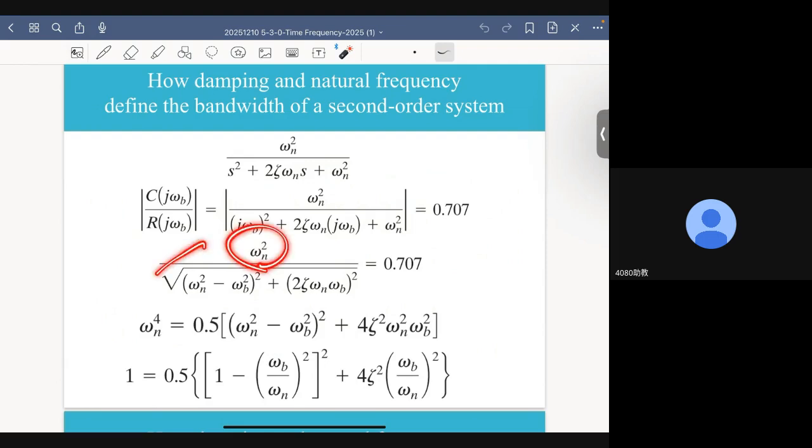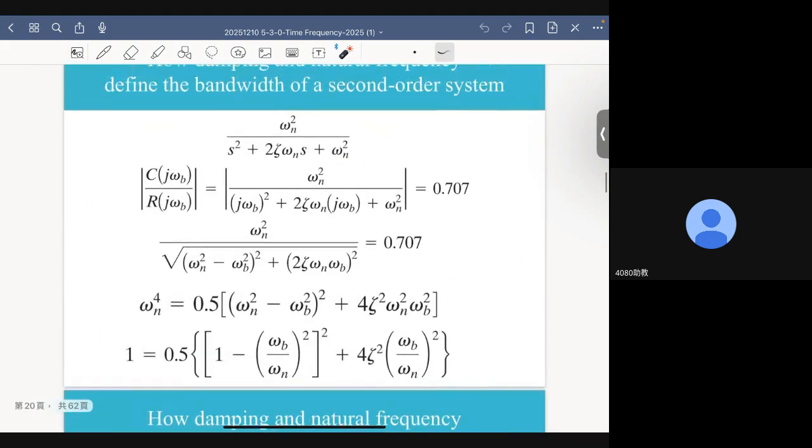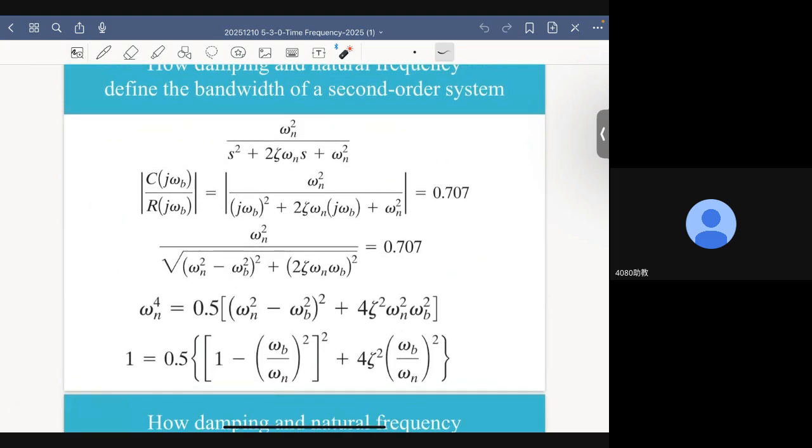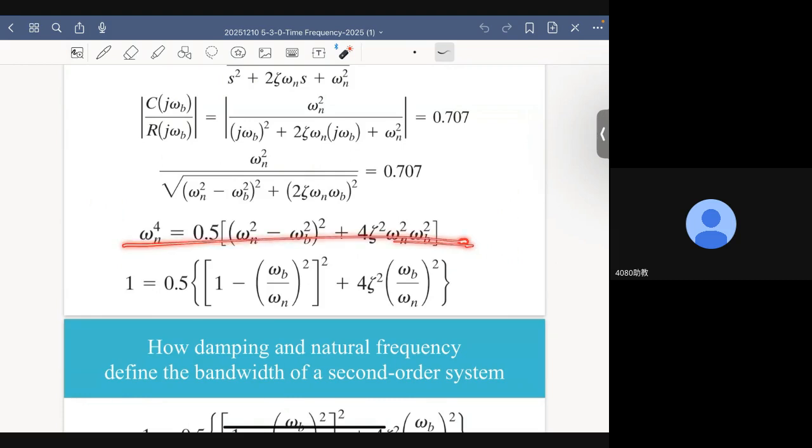So this term becomes omega n to the 4, and this, of course, becomes 0.5. And this is after taking the square. Remember, what I want to do is to determine the unknown omega b. Instead of solving for omega b directly, I reformulate this equality by dividing everything by omega n to the 4. And this is what I will get.